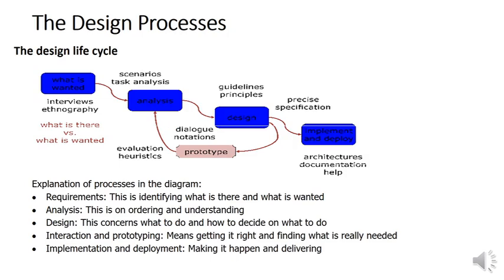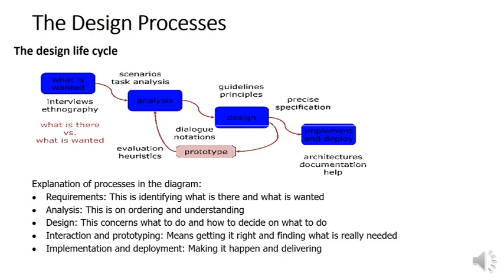Look at this little image here, which at least interprets the design life cycle. What is wanted? That is, this is information gathering for system requirements. You can gather it through questionnaire and you can gather it through interview.